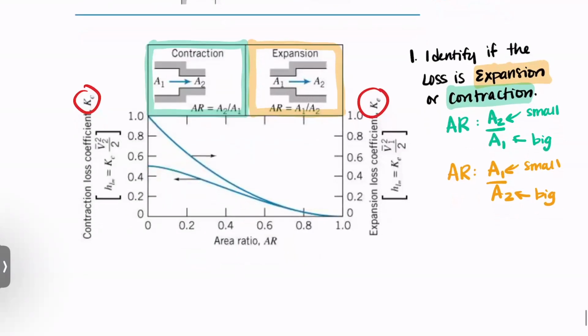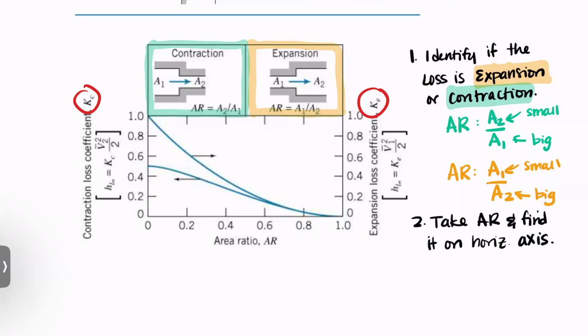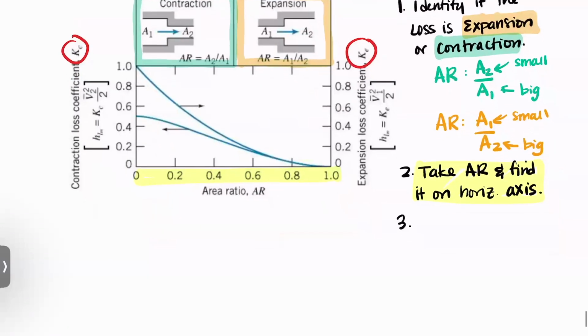The next thing you're going to do is take that area ratio that you calculated and find it on the horizontal axis. You're going to look at where it lives on this spectrum here. And then the third thing you're going to do is find where that area ratio intersects with the curve that you want.